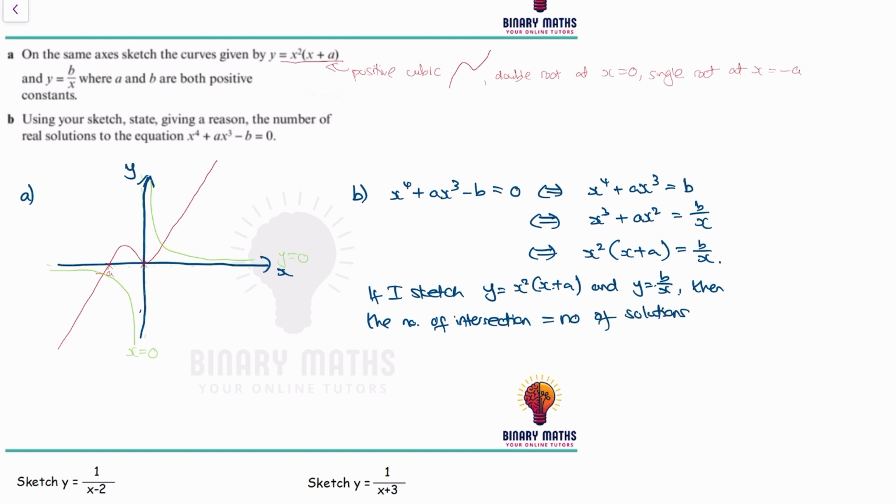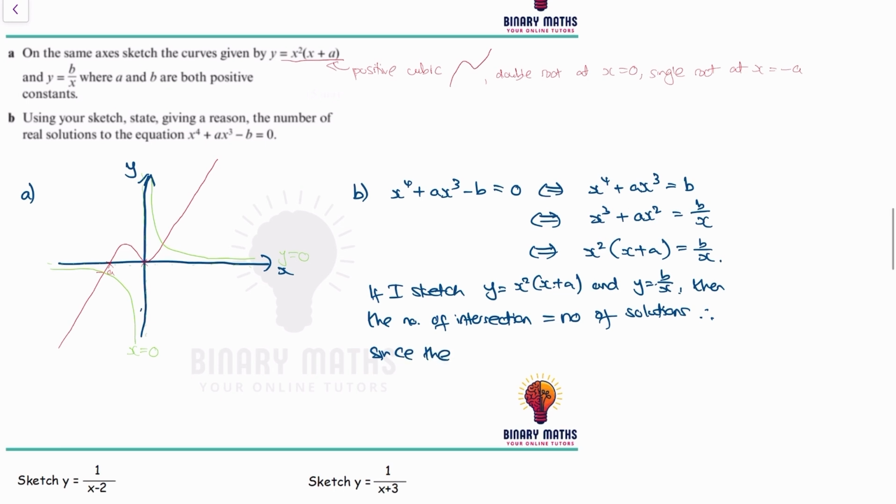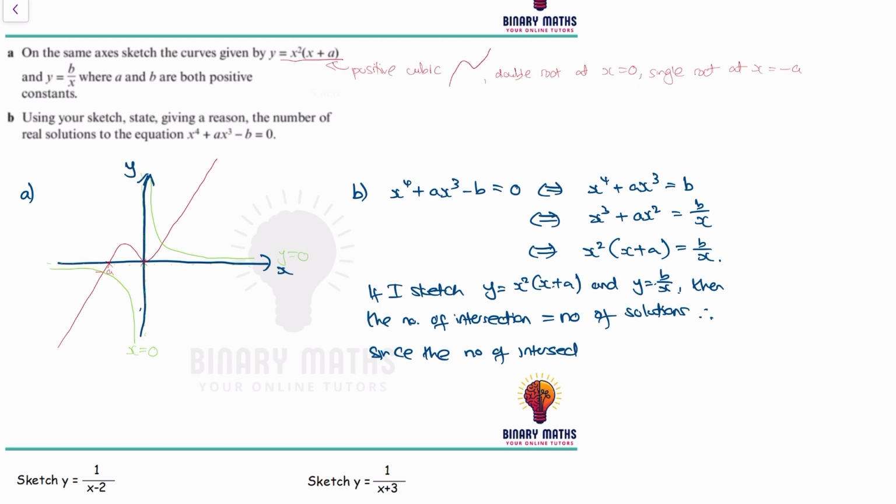Therefore, since the number of solutions is the number of intersections, let's see how many we have. We've got one intersection here and one intersection there, which is 2. The number of real solutions is 2.